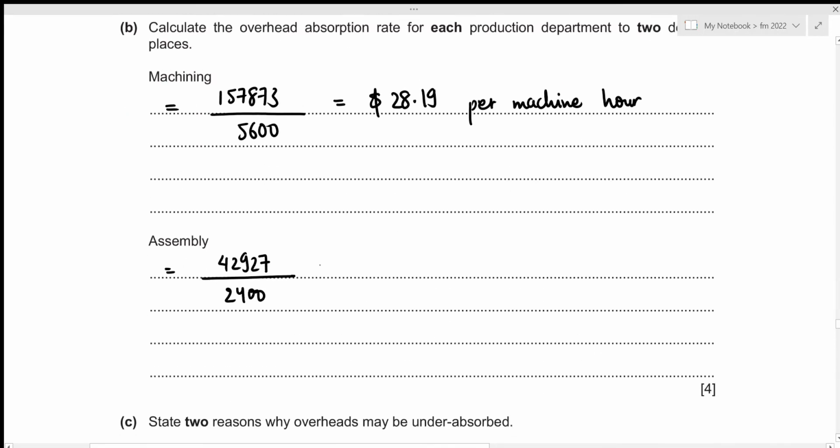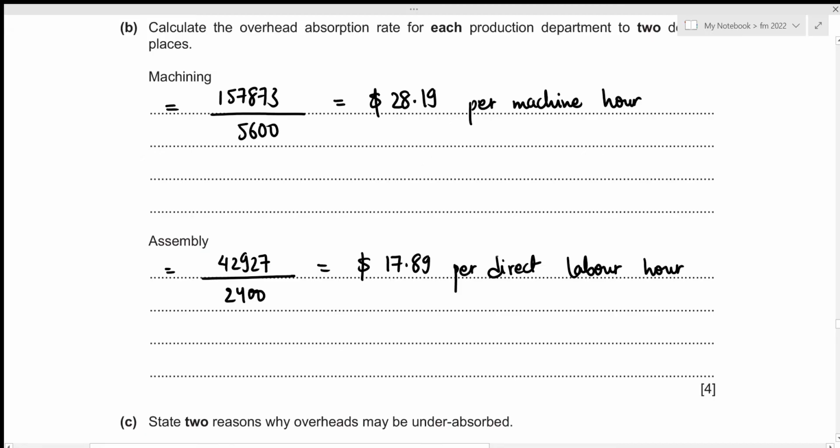And this gives the overhead absorption rate for assembly department to have the value of 42,927 divided by 2,400, which results in 17.89. And since we figured it out based on the direct labor hours, we need to state it clearly. So that's per direct labor hour. Alright, this concludes the second part of this question.